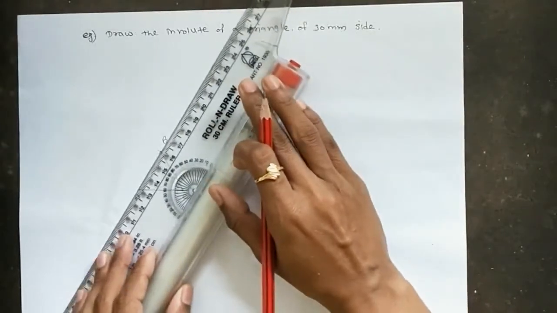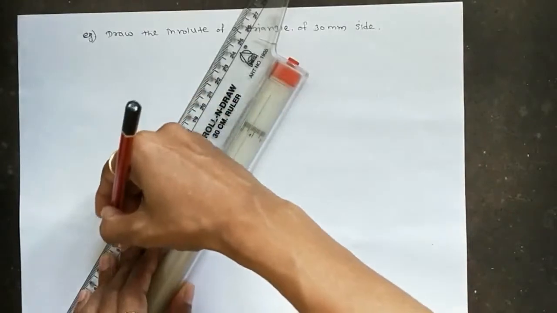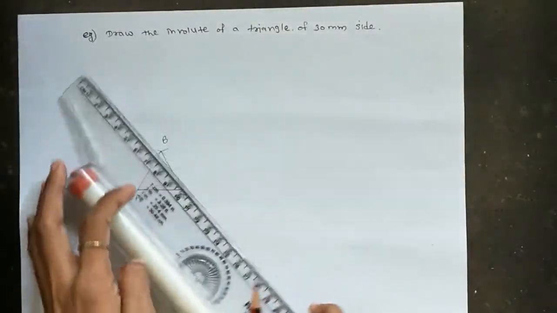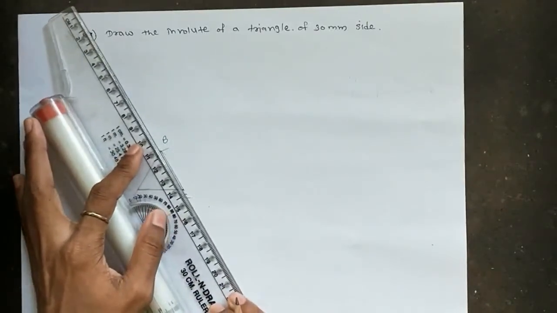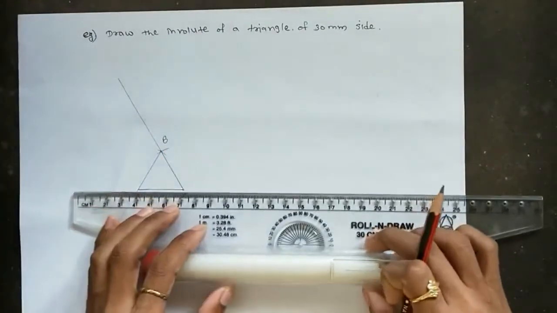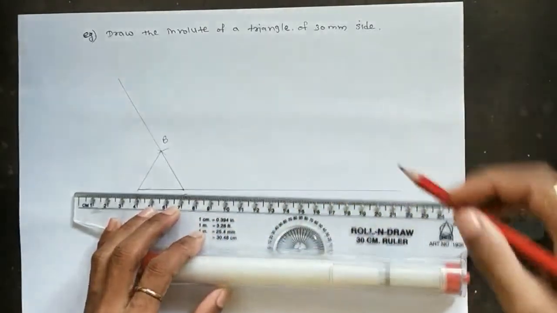So produce this AB line into this side. Then produce BC line into this side and produce AC line into this right side.